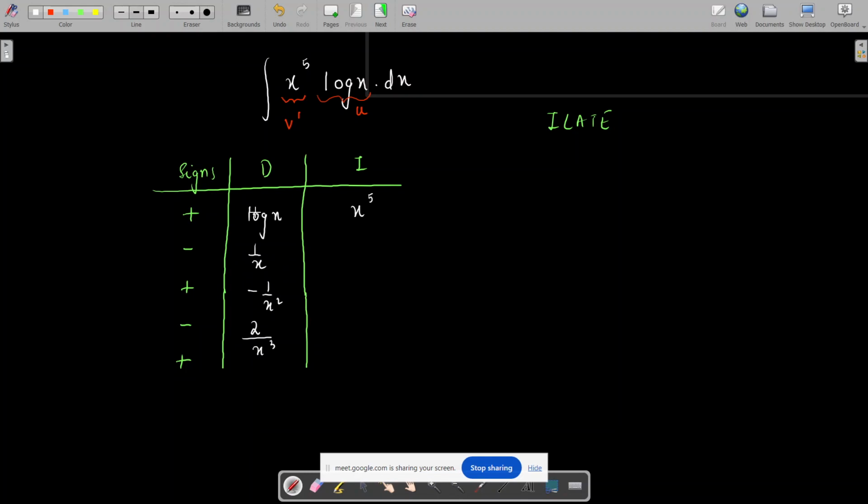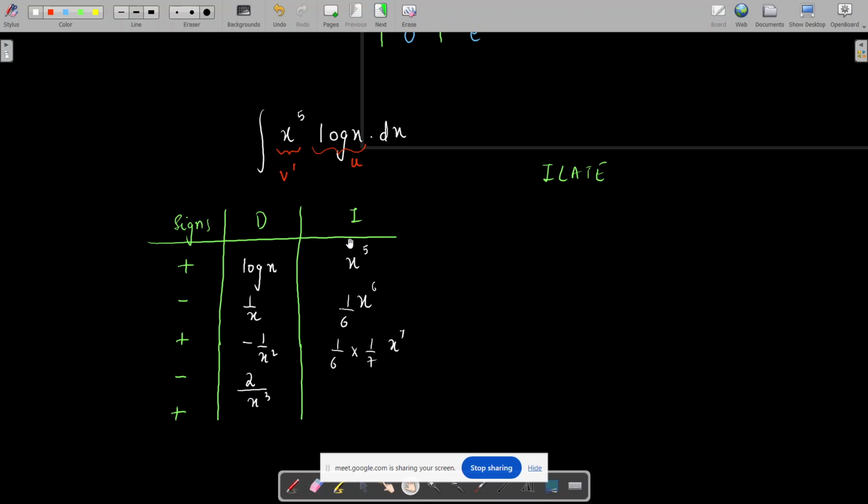You'll never get 0. On this side, it does not matter what we are getting, but the problem is that we'll never get 0. So here this becomes x to the power 6 over 6, then 1 over 6 times 1 over 7, x to the 7, and it's just going to keep going. It's never going to be useful for us.